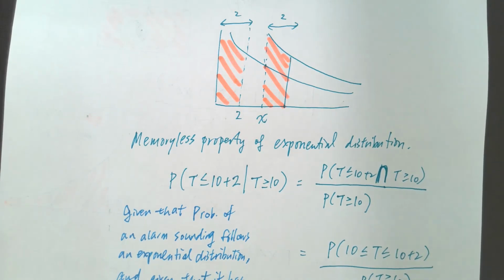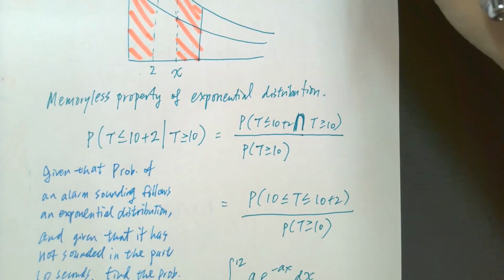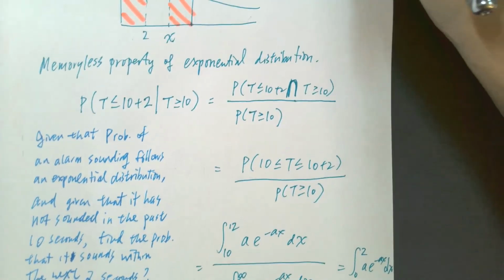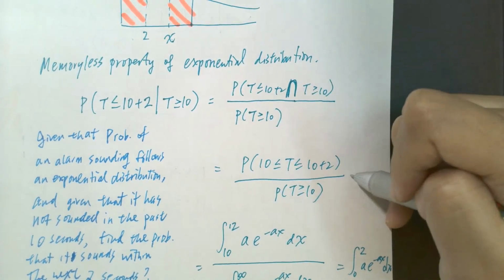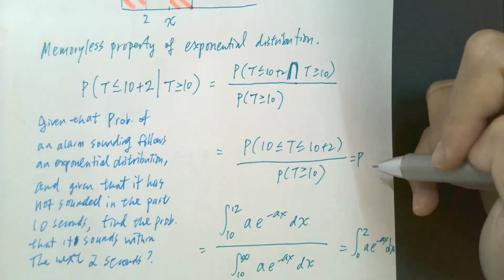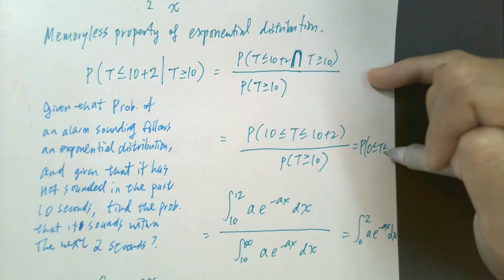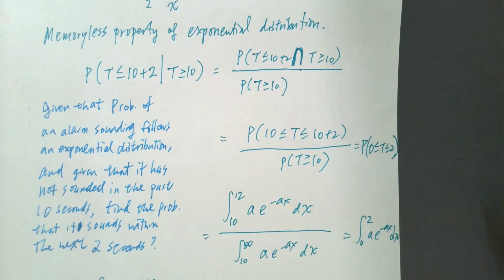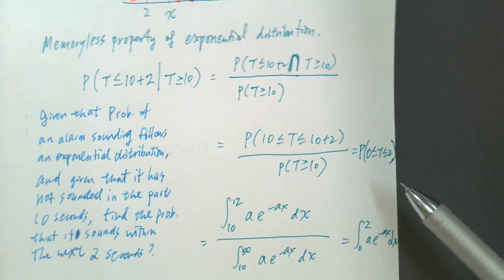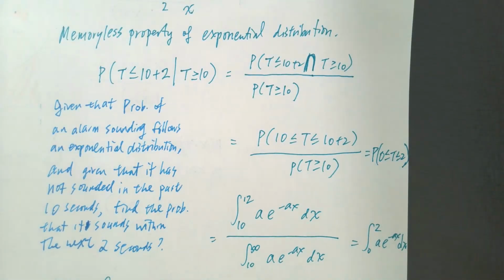The key thing is the change in x. We want to know within the 2-second interval. So we've in fact shown that it doesn't matter what it is. It really is just the same as the probability between 0 and 2. So this is what our diagram has been trying to do. That's kind of cool.